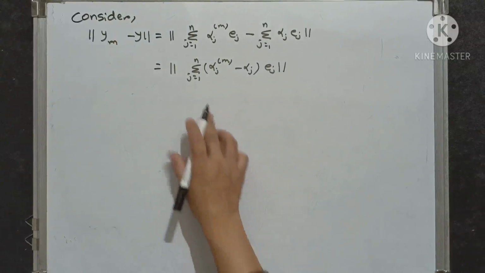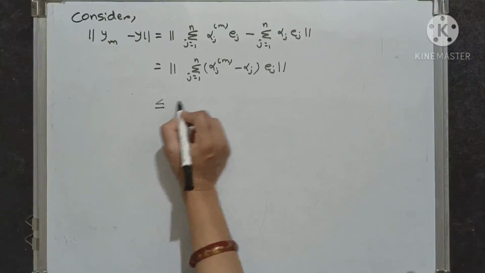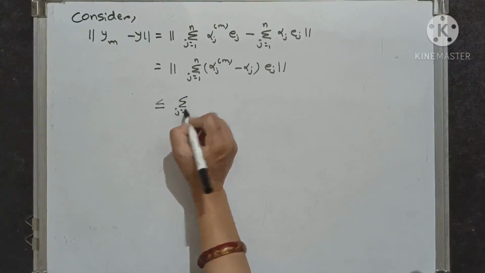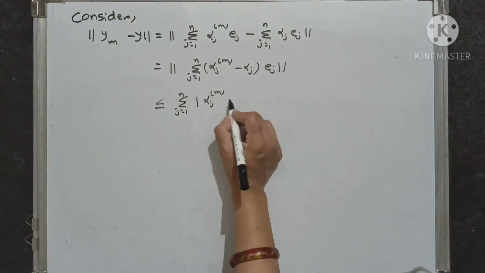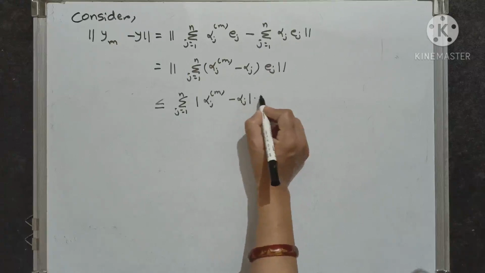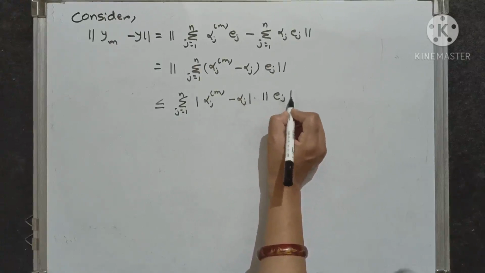This is less than or equal to summation j from 1 to n mod of alpha jm minus alpha j into norm of ej.